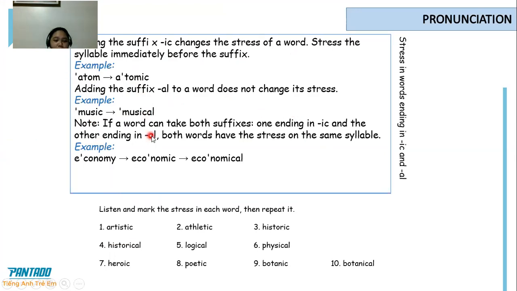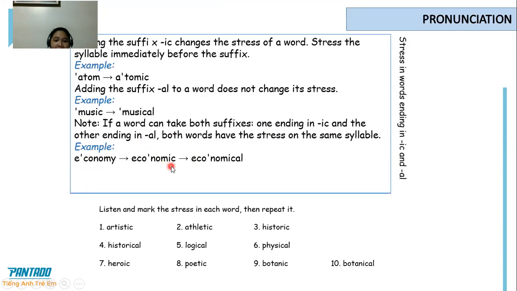Note, if a word can take both suffixes, one ending in -ic and the other ending in -al, both words have the stress on the same syllable. For example, economy, so the stress is here.